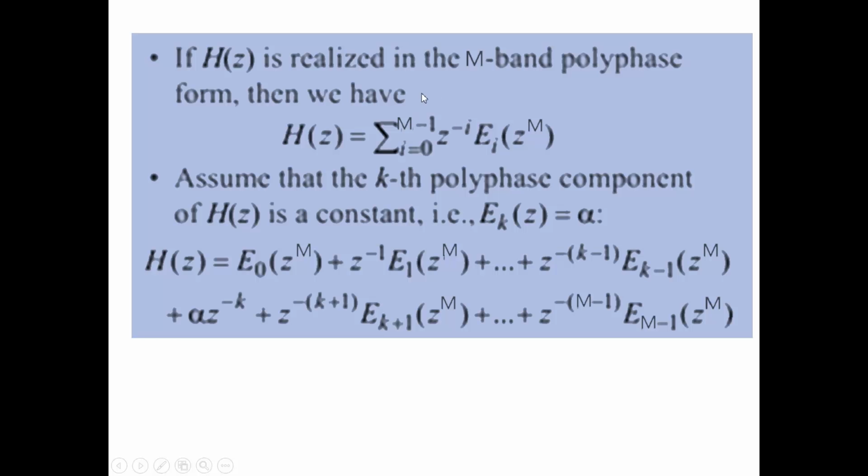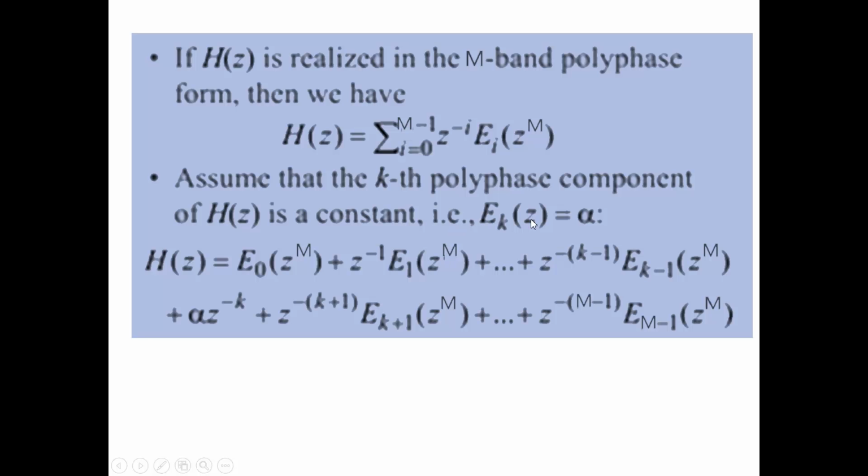Now, if we expand this sigma term, then we will get the first term equal to I equal to 0, second term I equal to 1, this term corresponds to I equal to k minus 1, this term is I equal to k, and this term is I equal to k plus 1, and this is I equal to capital M minus 1. Now we assume that in the polyphase decomposition of H(z), the kth term is constant.